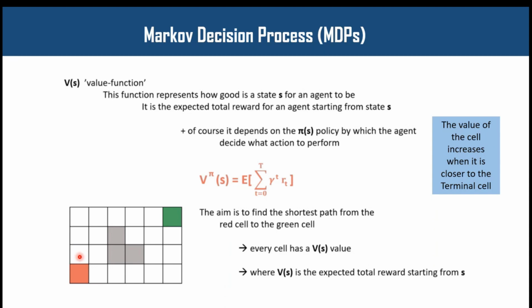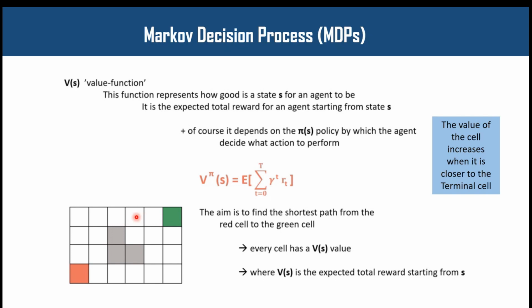And each state has some value also. This value is determined by the expectation of the cumulative reward. The value of the cell increases when it is approaching the terminal. So when it is moving in the right direction, the value of the cell is increased.